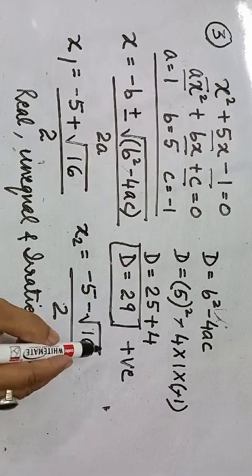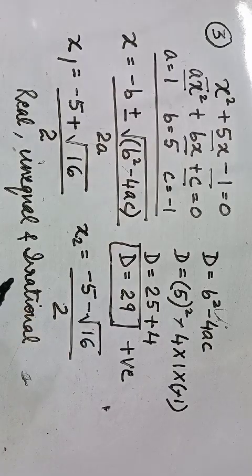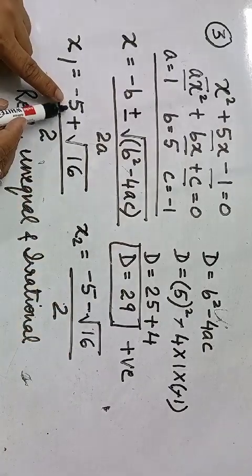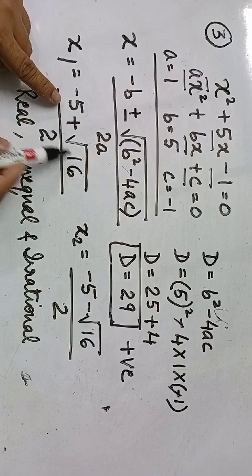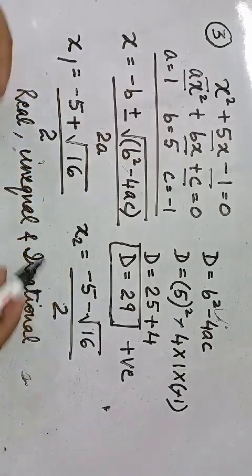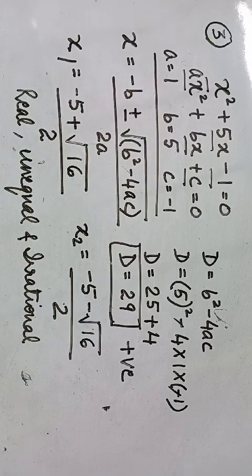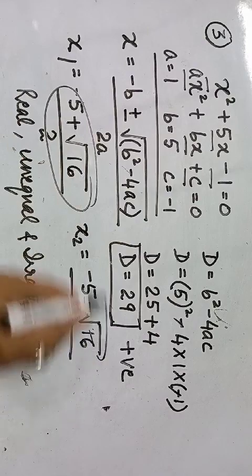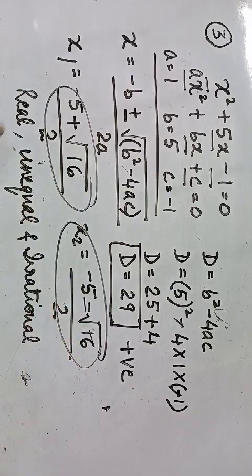So root 16 will be 4. Then you will have minus 5 plus 4 upon 2, and minus 5 minus 4 upon 2, which will give you exact rational numbers. So in that case your answer will become real, unequal and rational.